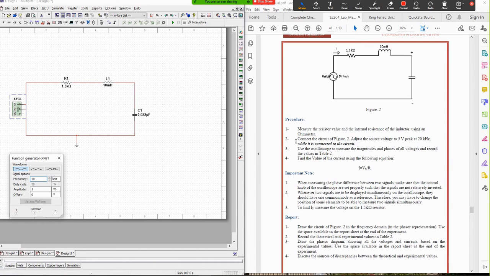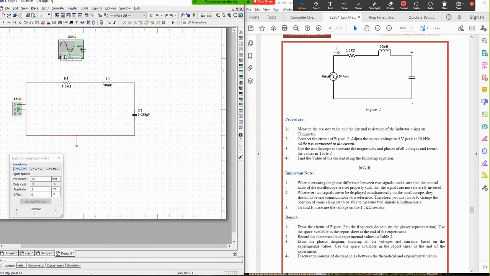Then the third procedure said use the oscilloscope to measure the magnitude and phase of all voltages and record the value in table 2. So we find the oscilloscope here. This is the oscilloscope.